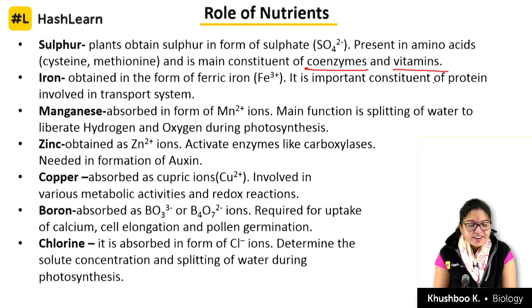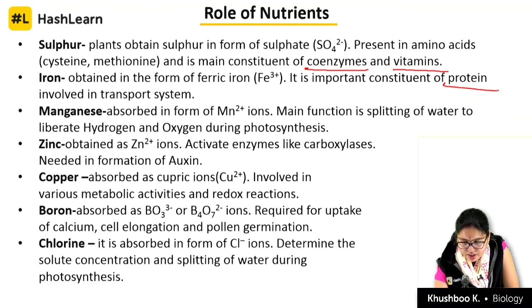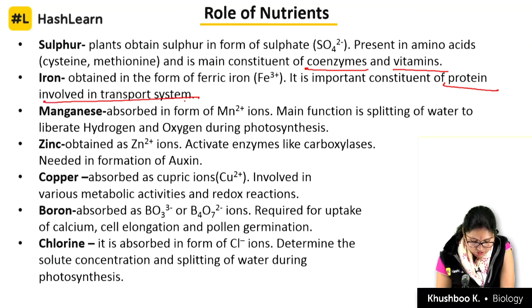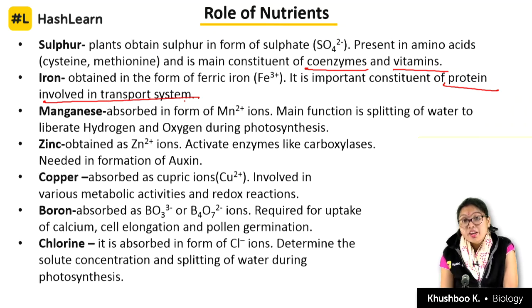It's okay. Now, next component is iron. So it is obtained in the form of Fe3 plus ion, or ferrous, Fe2 plus can also be there, and it is an important constituent of proteins involved in transport system. ठीक है, जो transport system है उसका एक important component है. Had it been a human body, iron would have been very very important for hemoglobin. कहाँ पे होगा? hemoglobin में, क्योंकि hemoglobin में iron होता है.